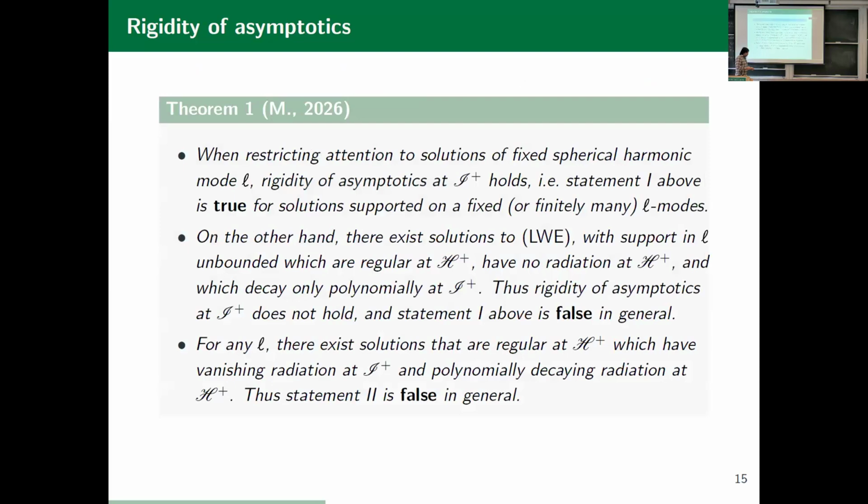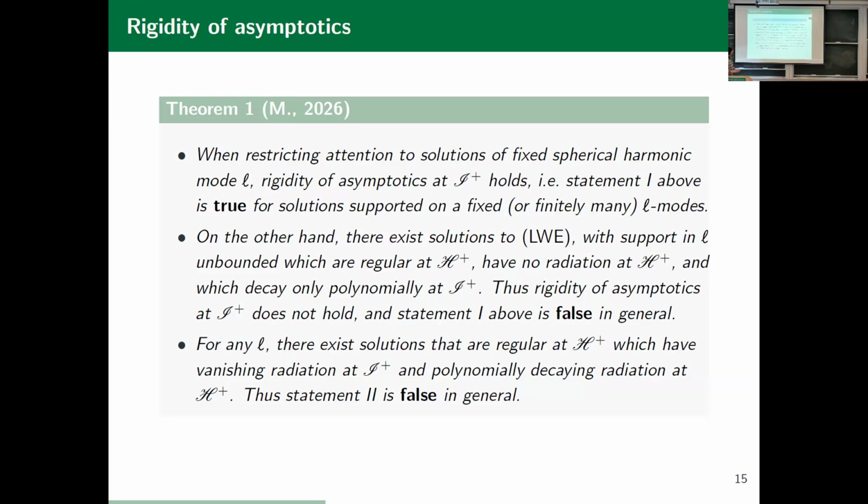Okay, so this claim that I just formulated about rigidity of asymptotics is mostly false. So that's the first result I'm going to present. It's mostly false, but it's not entirely false. It holds in an important way. So when we restrict attention to solutions of fixed L, then if the radiation field vanishes at H plus, the radiation field at Scri plus will decay exponentially.